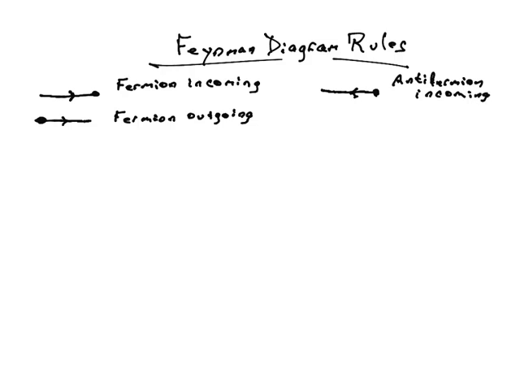It's weird because it shows it going away, but this is just a convention, and it helps get all the stuff correct when we do the math. An outgoing antifermion, again, points in the opposite direction from what you'd think. So antifermion outgoing.